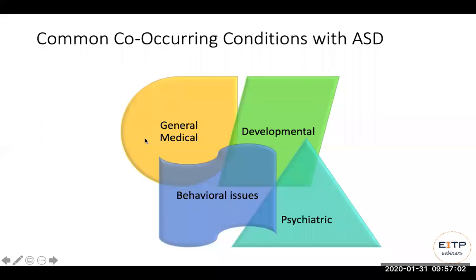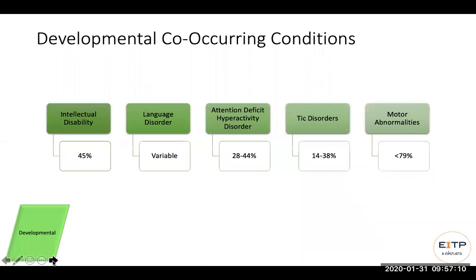So we've talked about general medical conditions. Now we're going to talk about psychiatric conditions. I'm going to focus more on ADHD, but I want you to see the prevalences. Intellectual disabilities is like 5%.